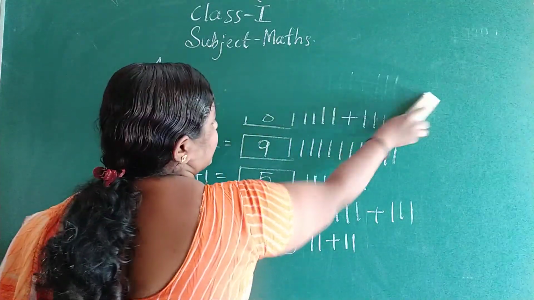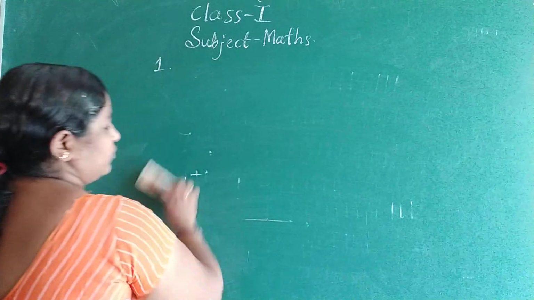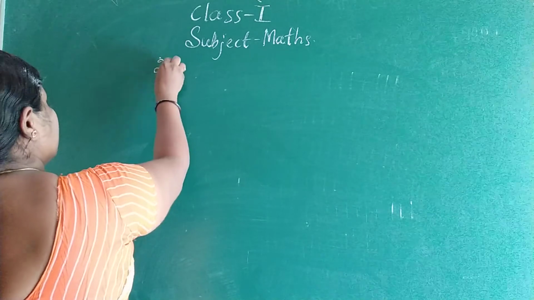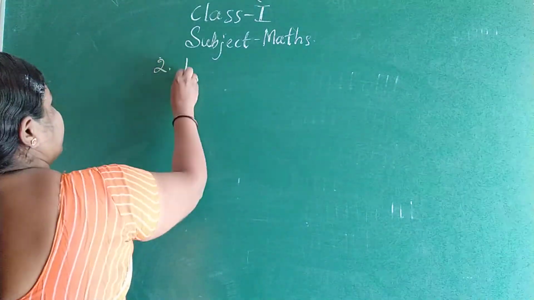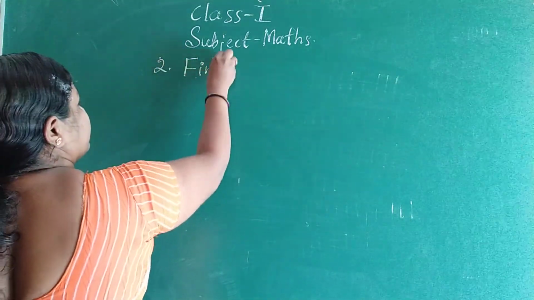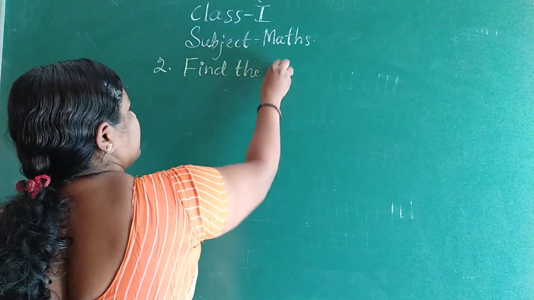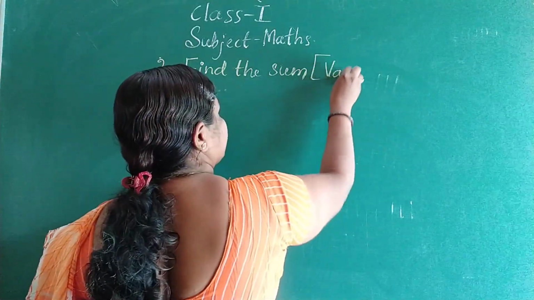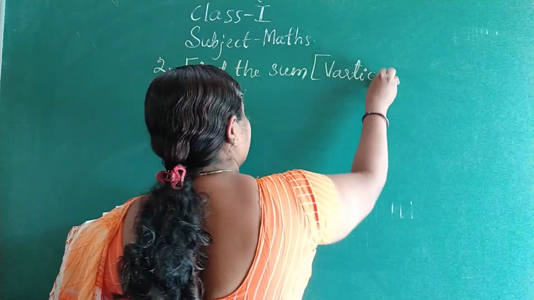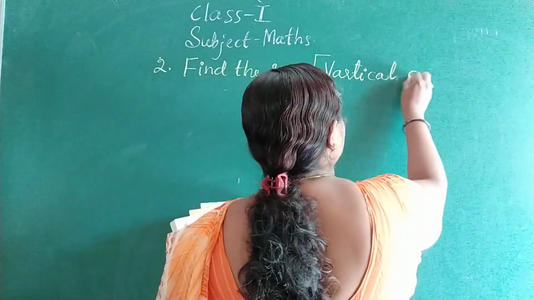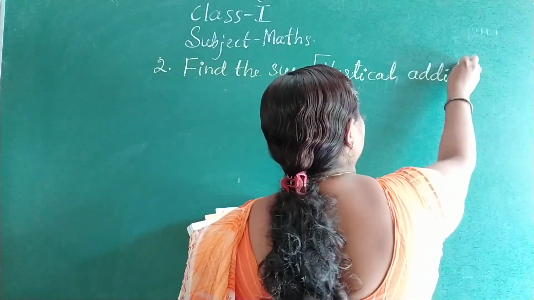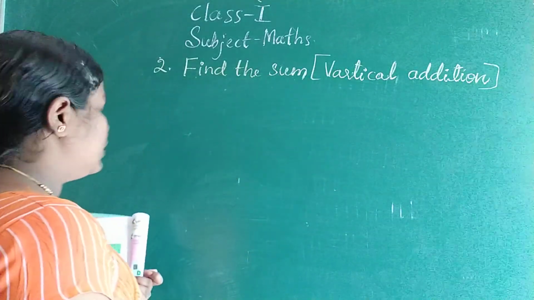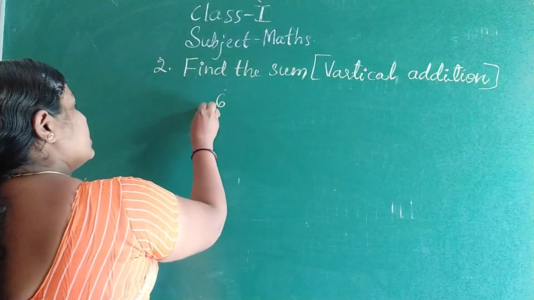Next we will go to the second one, find vertical addition. 6 plus 1.